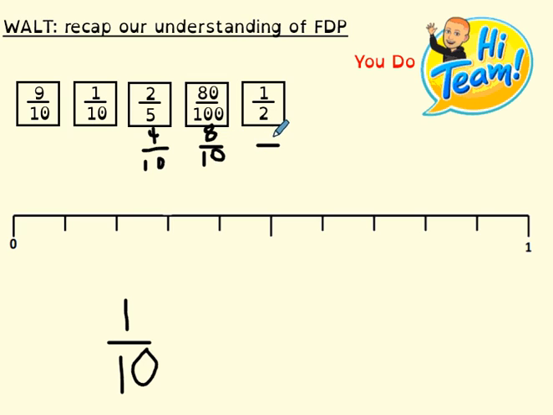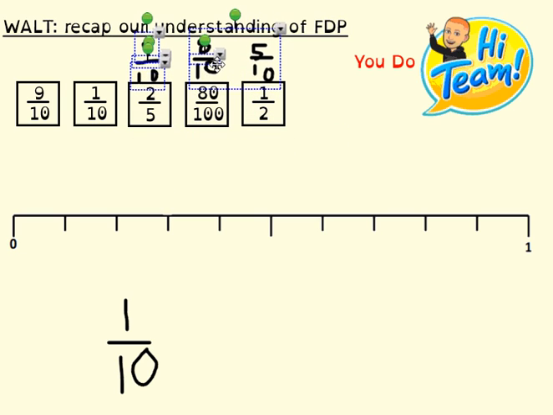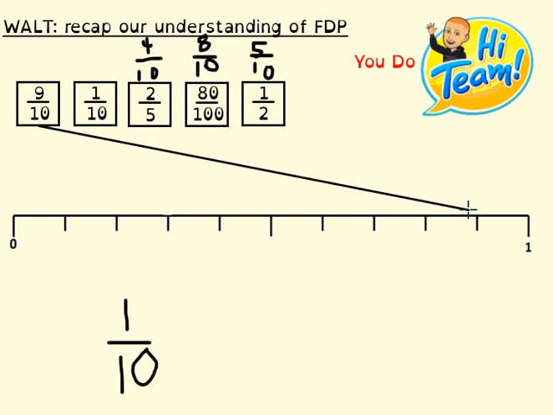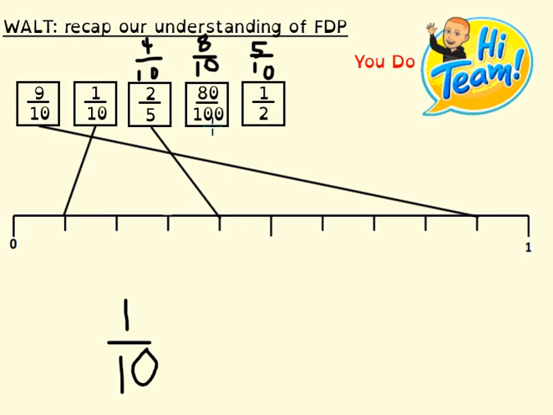So I'll pop those above, get my straight line. 9/10 goes there, 1/10 goes here. 2/5, which is the same as 4/10, would go there. 8/10 goes here, and 5/10 goes there. Did you get it? Excellent. Well done if you did. The next question on your question sheet today will be something like that.